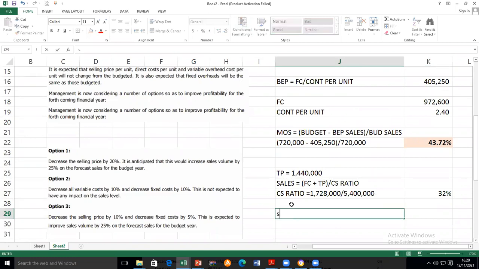So the sales needed then will be 1440 plus 972,600, divided by 32%.